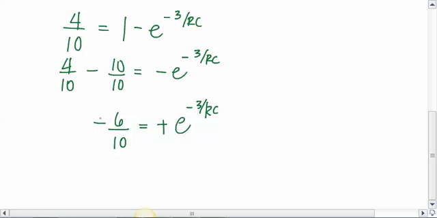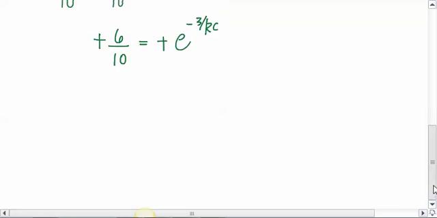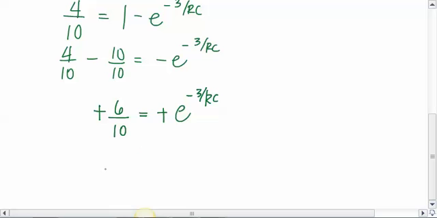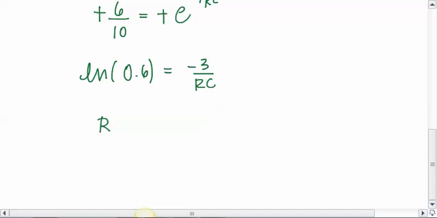So how do we get rid of that e business? Oh, we do the ln. So is that the ln of 0.6 is equal to negative 3 over RC. So RC is equal to negative 3 over the ln of 0.6.